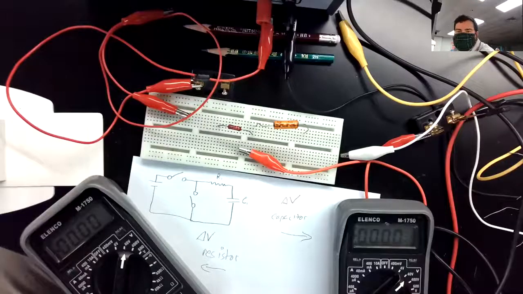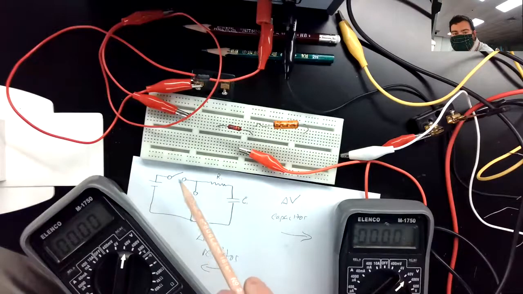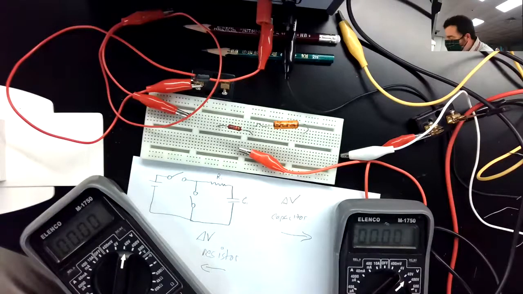So let's take a look at this idea of a capacitor acting as a regular wire when it's first connected in a circuit and acting as an open switch later. I'm about to set up a circuit here where we can charge the capacitor by closing this switch. We can discharge it by opening it and closing that one. So look at what happens as we charge and discharge this capacitor.